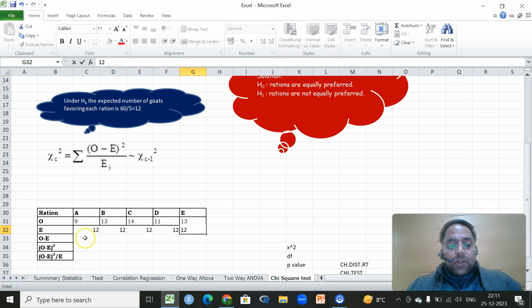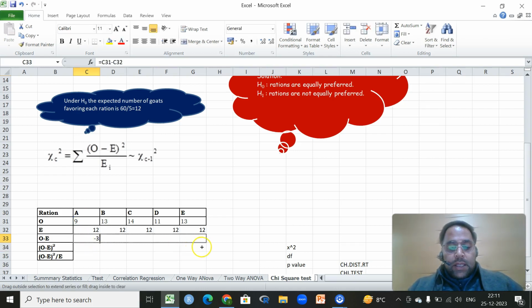Then we need to get these are observed values, and now these are expected values. Since the formula is the summation of observed minus expected whole square upon the expected values, we have to deduct both these values. That means observed minus expected, then press enter, then we will drag this.